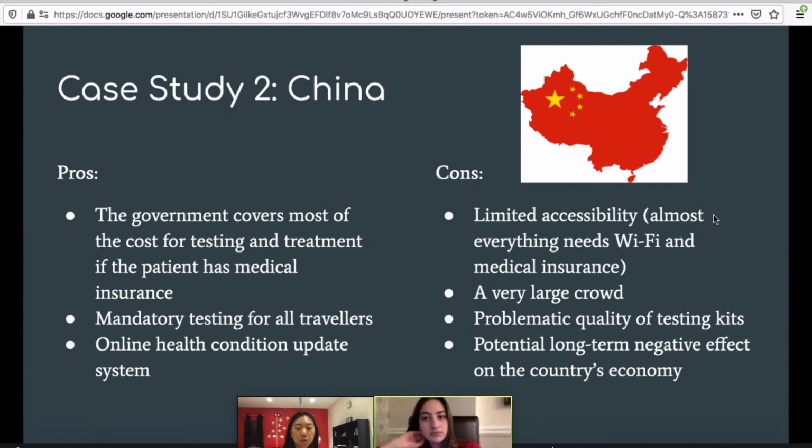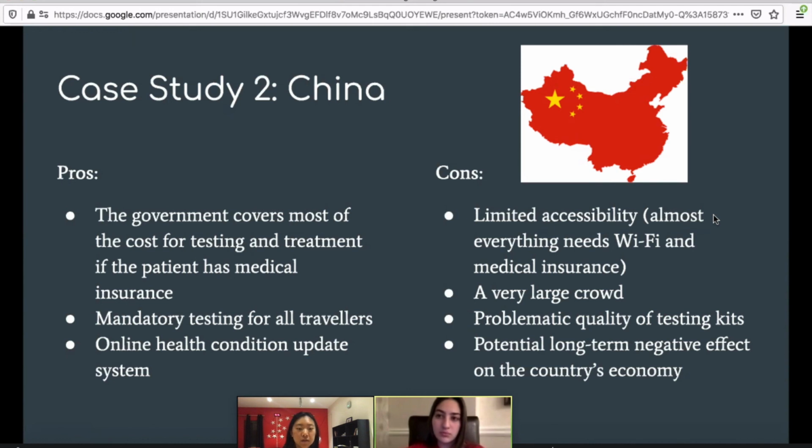And they also need to pay for their medical insurance annually. However, some people are in extreme poverty, so they don't have enough money to buy medical insurance. Therefore, they can't have the chance to use the free testing kits.